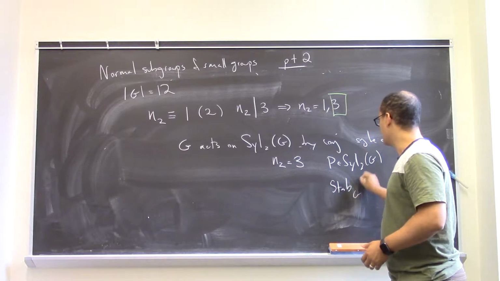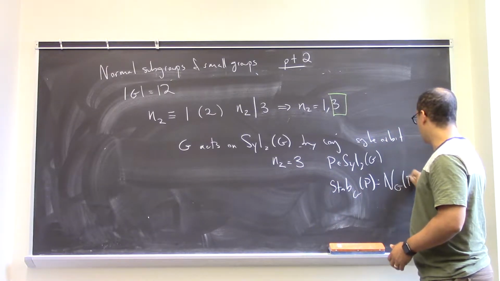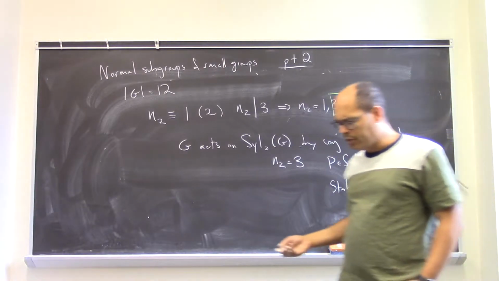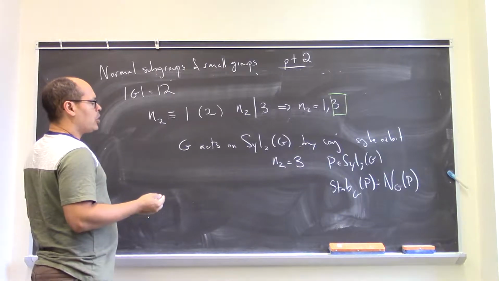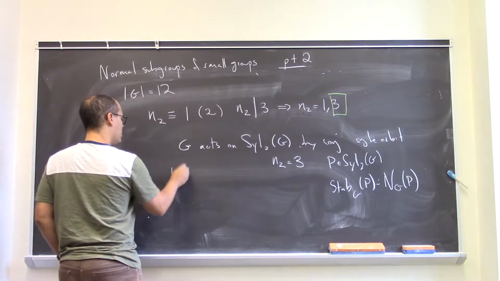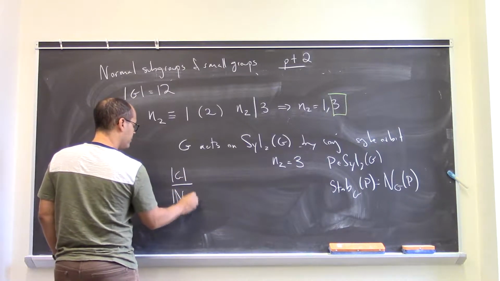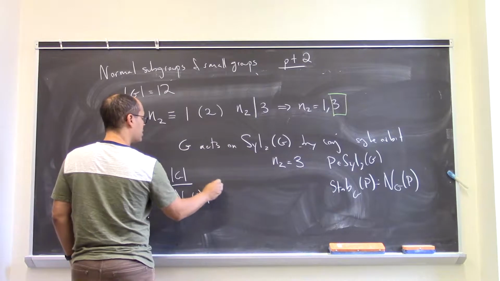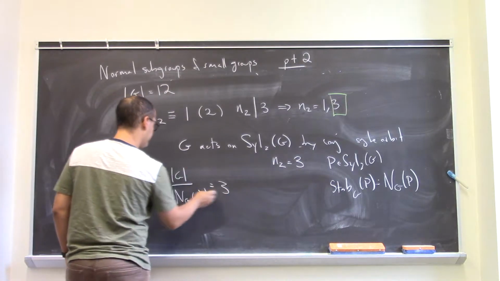The stabilizer in G of P is the normalizer in G of P. By the orbit stabilizer theorem, the order of the group divided by the order of the stabilizer is the size of the orbit, which is all of them, which is 3.